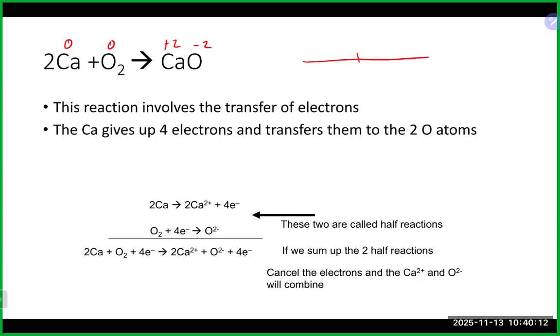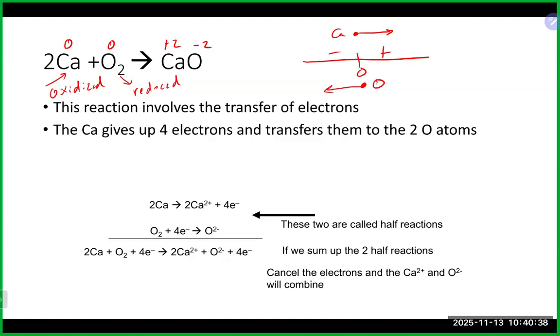So once again, our calcium starting at 0, ending at +2, should be oxidized as we should expect. Our oxygen here should be reduced. And again, the oxygen starting at 0, ending at -2 in this case, is being reduced. This again is an ionic compound.